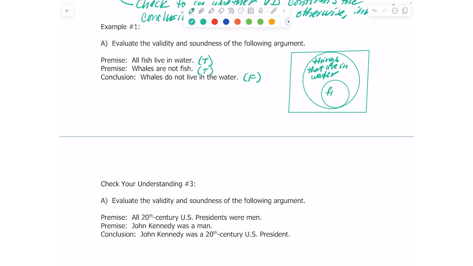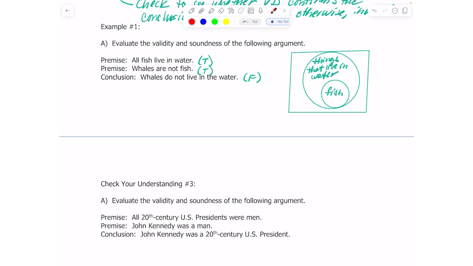Because we know fish do live in water. So you can see here that all fish live in the water. So that represents my first premise there. Whales are not fish. Well, they're not fish, right?